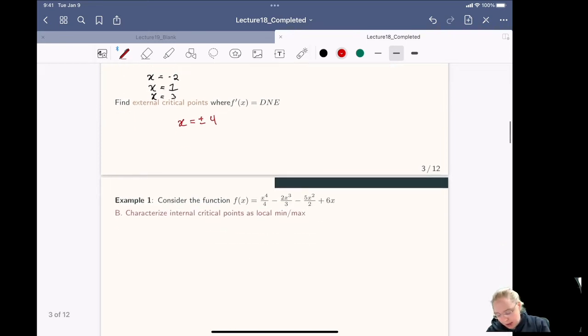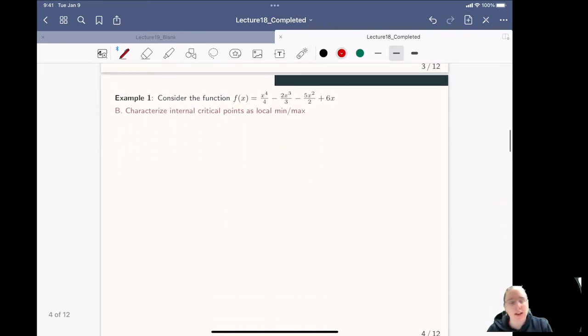Now we need to characterize those critical points as either local maxima or local minima. How do we do this? Well, for the internal critical points, we want to ask what is the second derivative at that internal critical point. We want to know whether we have a minima, which is a positive second derivative, or a negative second derivative, in which case we have a sad face and we have a maxima.